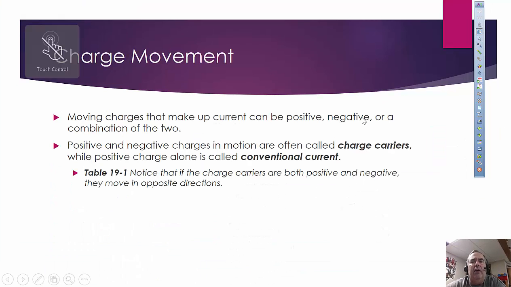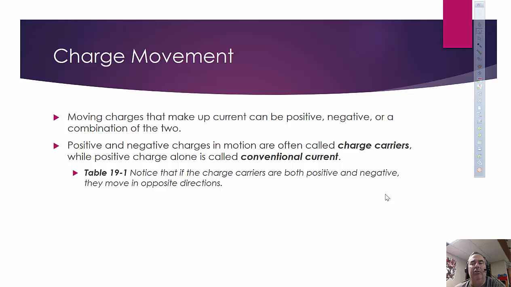So let's continue talking about this movement of charge. Okay, moving charges that make up current can be positive, they can be negative, or they can be a combination of the two. Table 19.1 in your textbook is going to show you a comparison between charge carriers and conventional current.